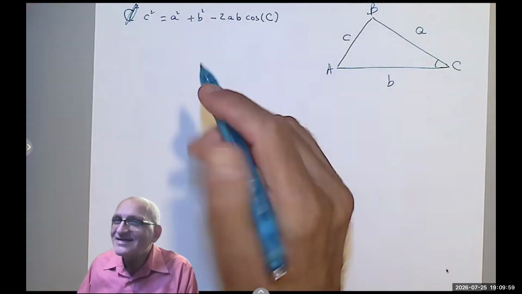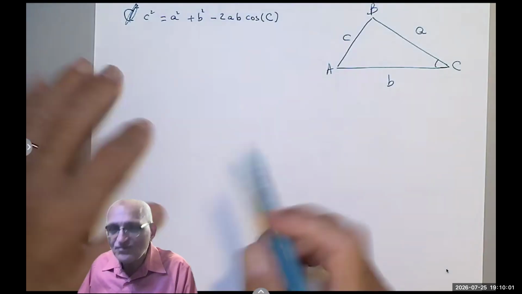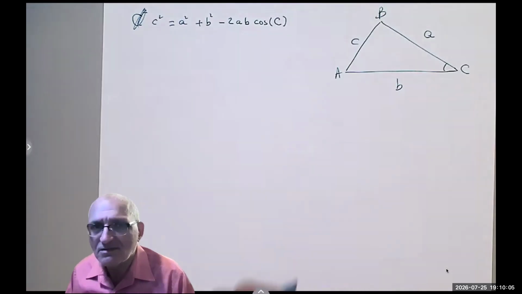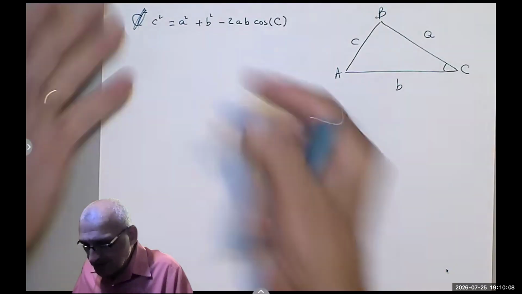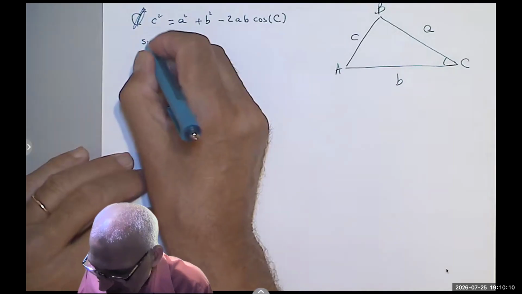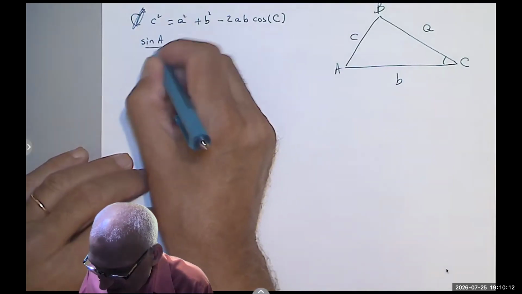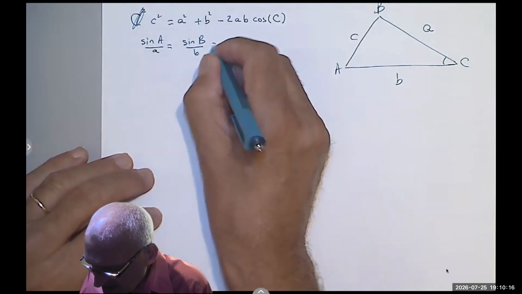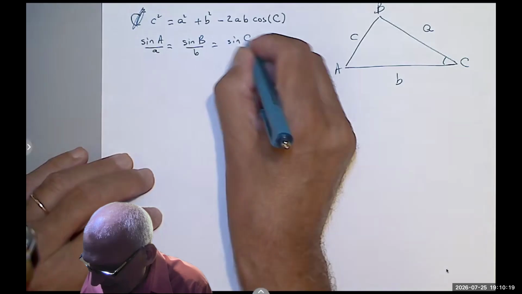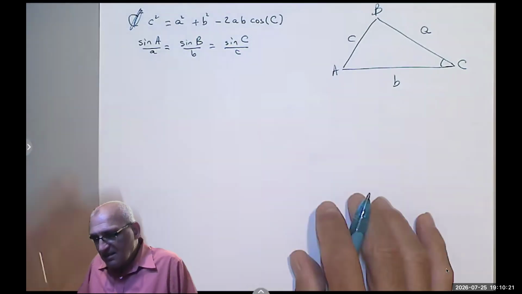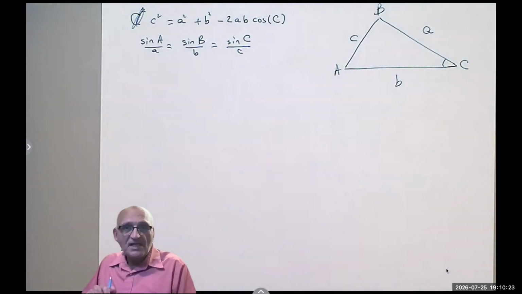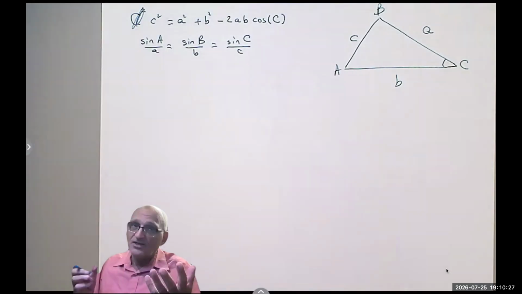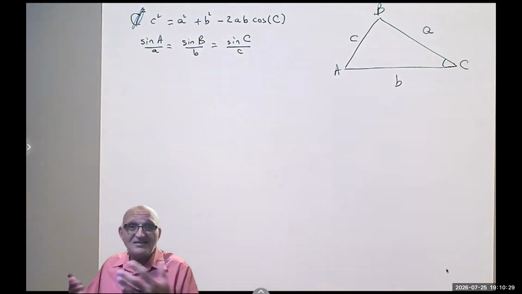So really, we call it the Pythagorean, but it's just the law of cosines. Alrighty, but between this and sine A over A equals sine B over B equals sine C over C, I can find any missing thing in a triangle. Sometimes I need only the law of sines, sometimes I only need the law of cosines, and sometimes I need both.